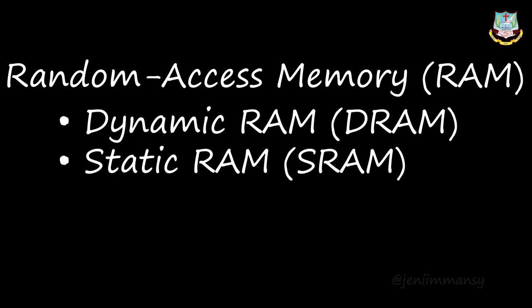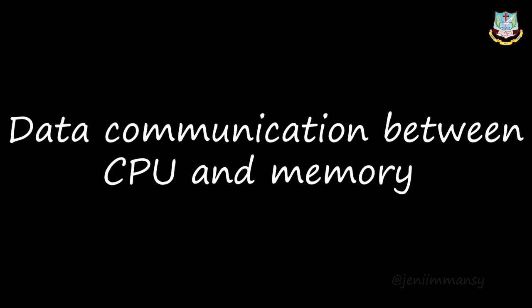So today we have seen about data communication between CPU and memory. You know what is CPU and what is memory. Here we have seen about MDR and MAR. MDR is memory data register and MAR is memory address register. The data communication between the central processing unit and the memory devices will come in this part.